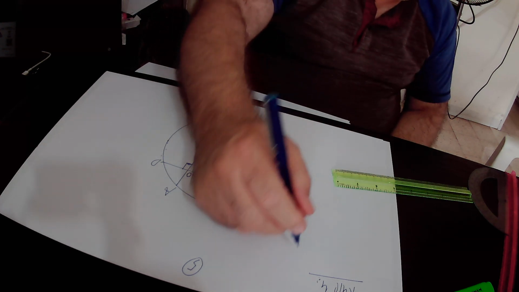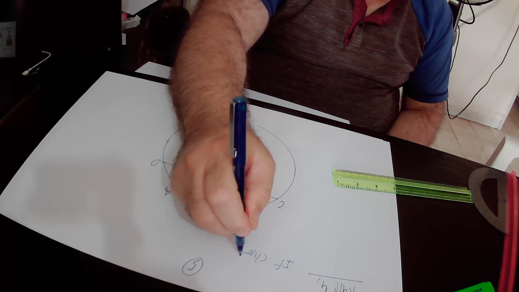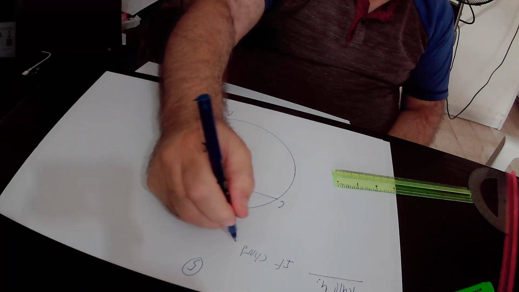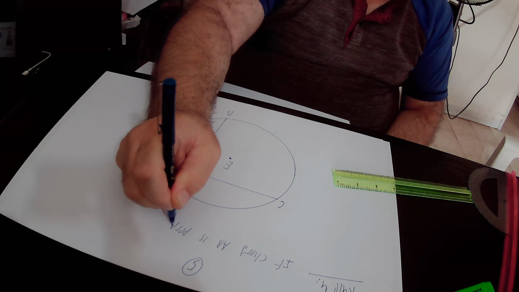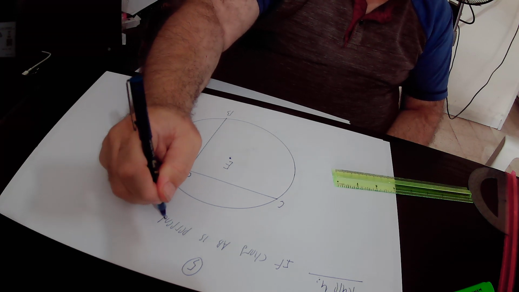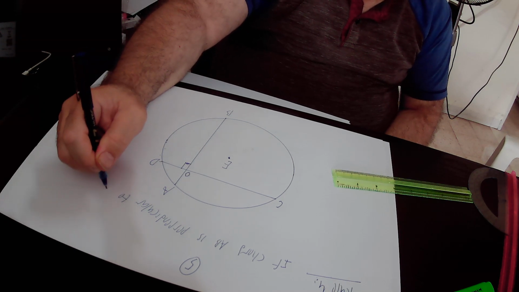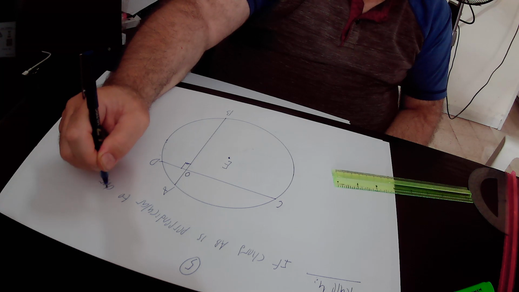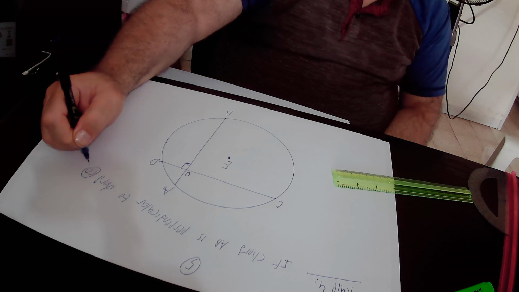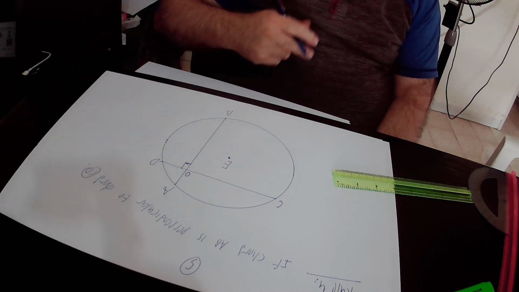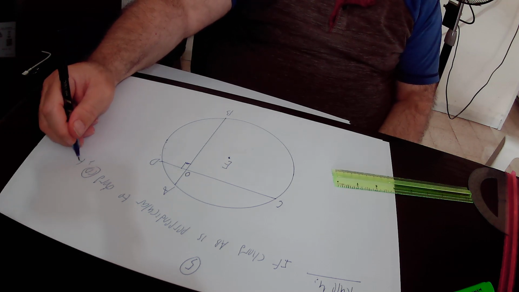So if chord AB is perpendicular to chord CD, then the following equation will be true.